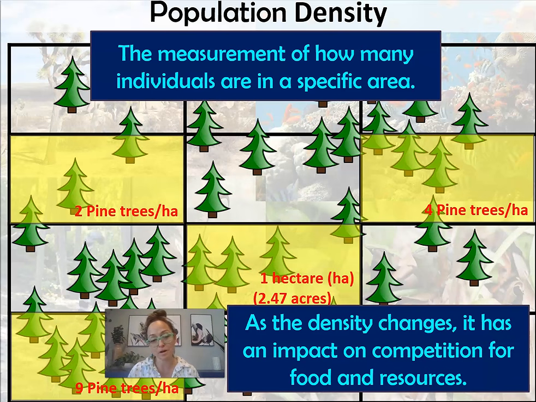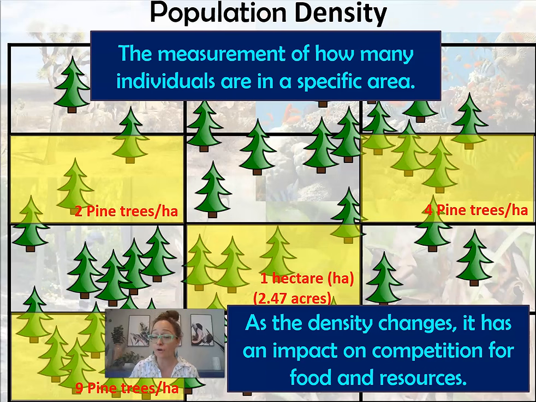That would have a lower population density. And as density changes, it has an impact on competition for food and resources. We can totally picture this: as you increase the individuals within a population, if they're all still in that same area interacting together, they're going to have a more intense competition.